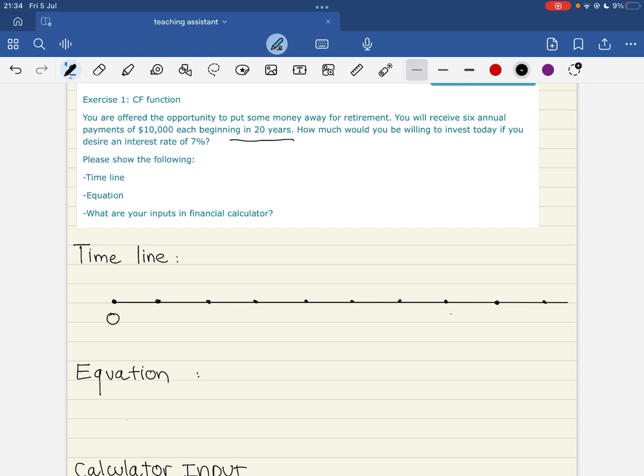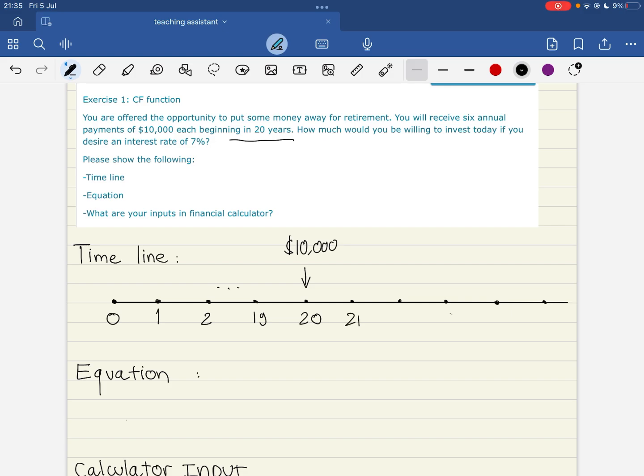So year 0, which is the current time, year 1, year 2, and then ... What does this ... stand for? It stands for years 2 until years 19. Because obviously we don't have time to draw everything, so we can just put the ... And then starting from year 20, this will be the first payment of $10,000.